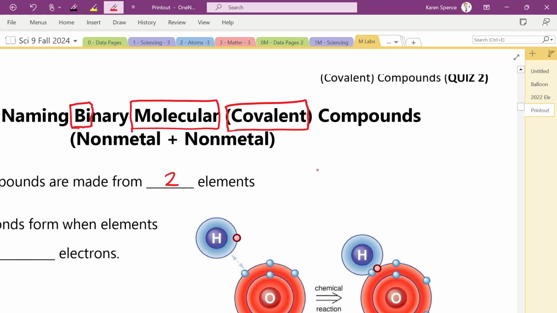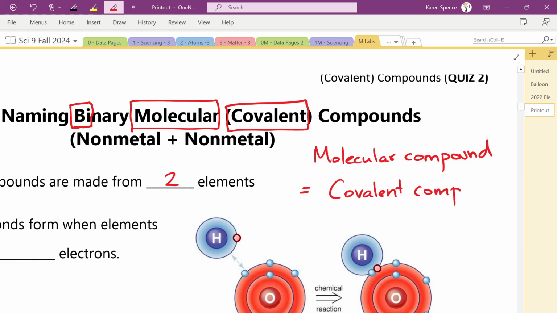A molecular compound is the same as a covalent compound. I will use both because I don't know what your teacher next year is going to use, so it's good that you know that they mean the same thing. Yes? Okay.